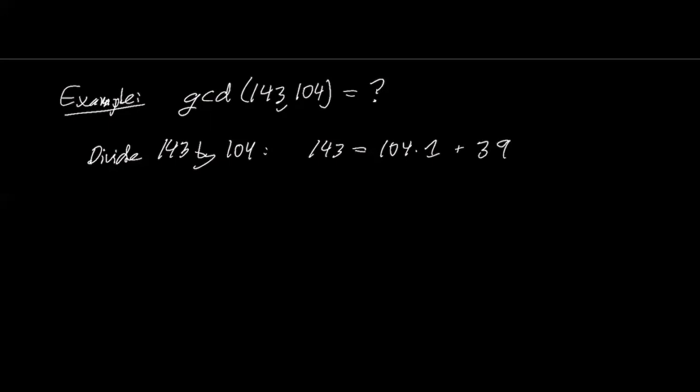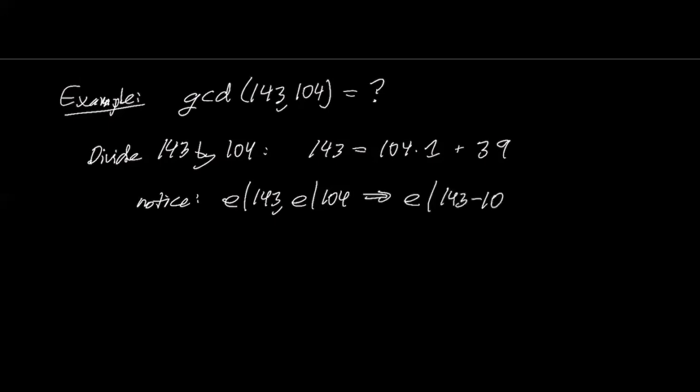Well, why do I care about this? Let's talk about a common divisor. If E divides 143 and E divides 104, then E divides 143 minus 104, which is 39.